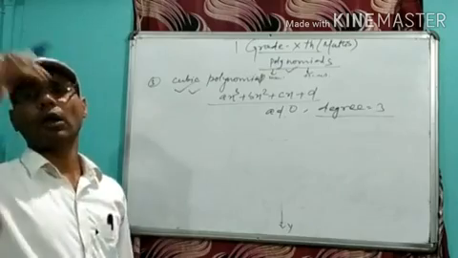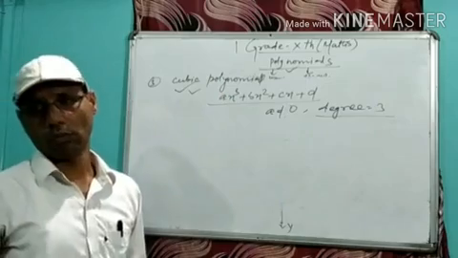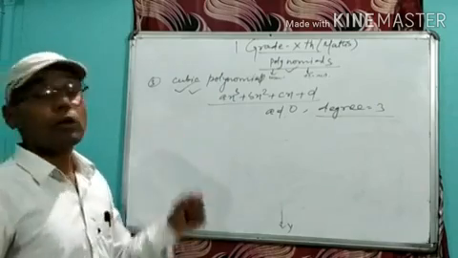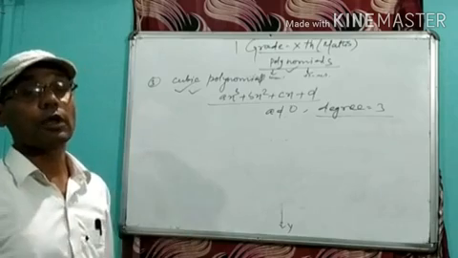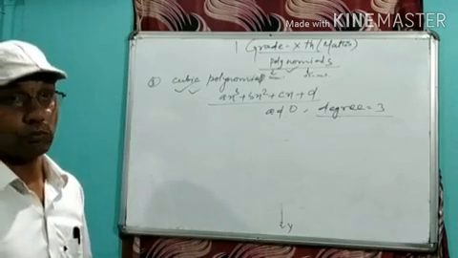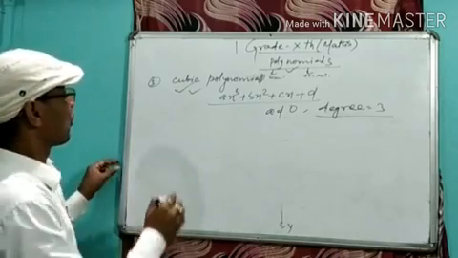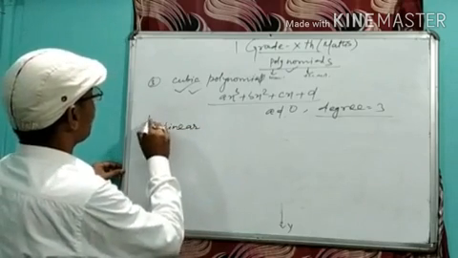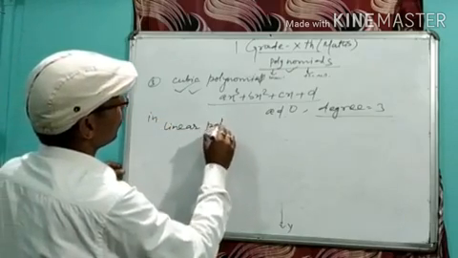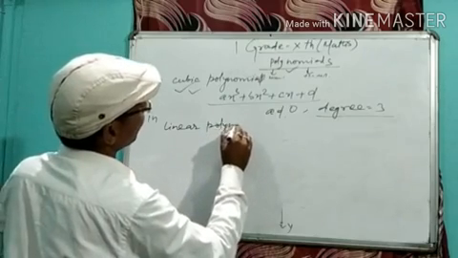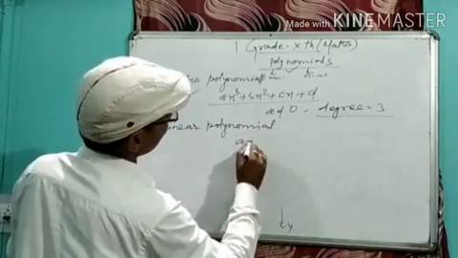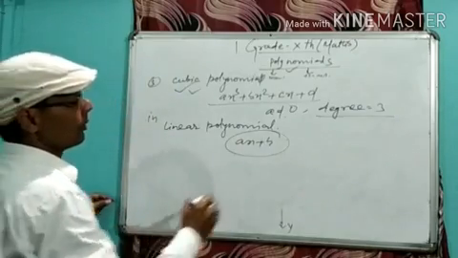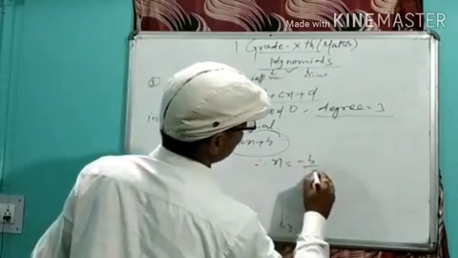Later, the biquadratic polynomial has degree 4. I will not go there, but I want to show you a relation between the coefficients and its zeros. Suppose a linear polynomial, you know ax plus b, this is the linear polynomial, and here x is equal to minus b by a.